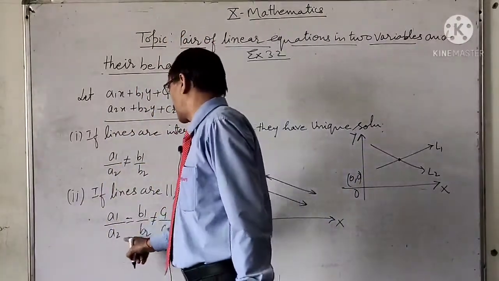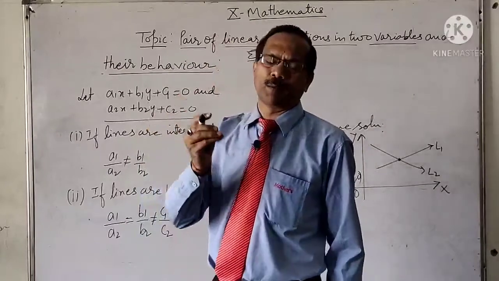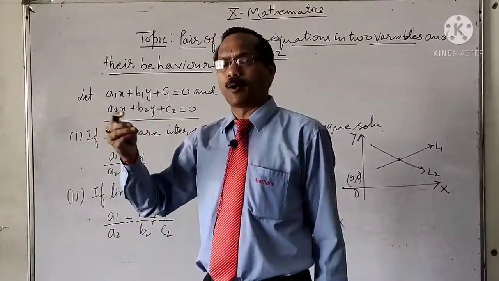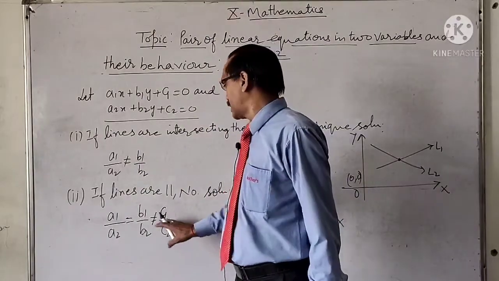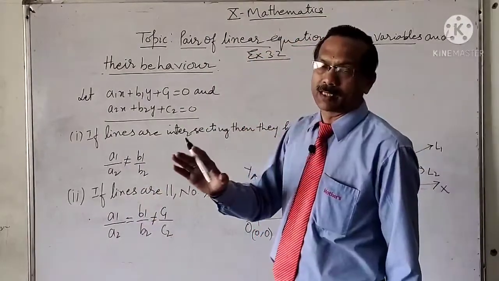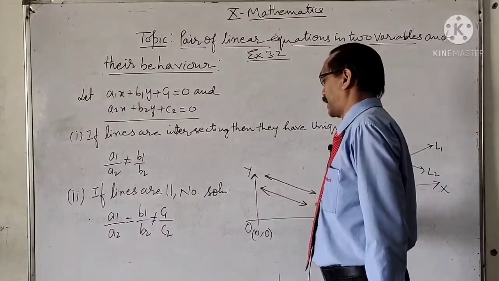In this case, the ratio a1 upon a2 equal to b1 upon b2 but not equal to c1 upon c2. In that case, the lines are not having any solution and they are not intersecting.